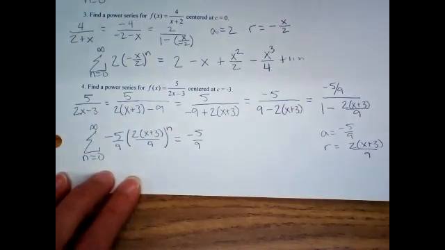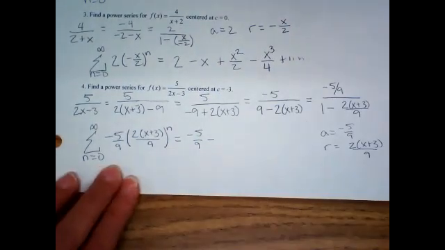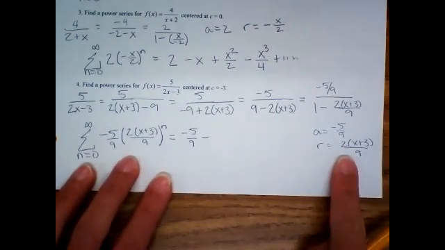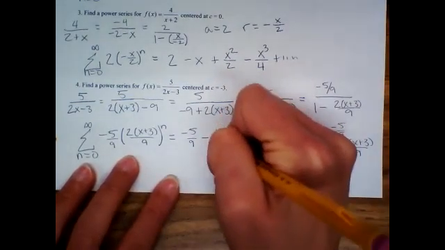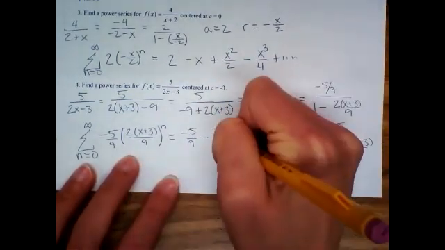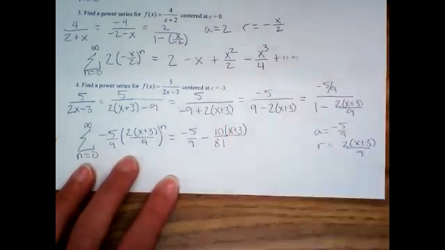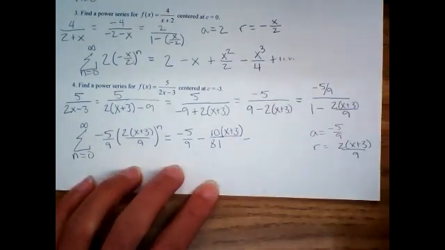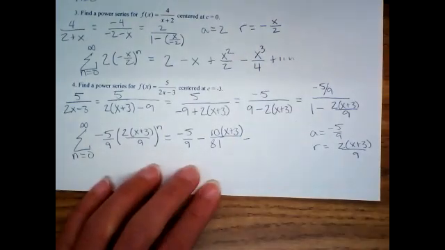And this isn't going to alternate. Actually, every single term is going to be negative here because of that negative out front. So you're just going to multiply that by r. If you multiply that by 2/9, that'll be 10/81, and then the x plus 3. And then again minus, because they're all going to be subtracting.